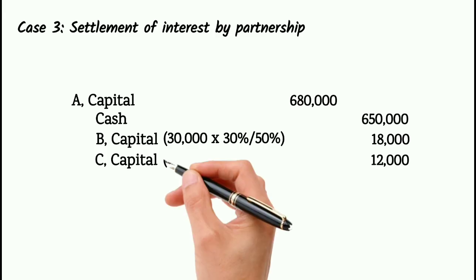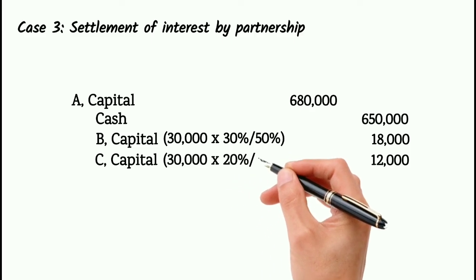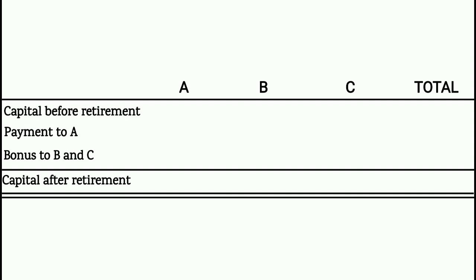So for B, 30,000 pesos times 30% over 50%. That is equal to 18,000 pesos. And for C, 30,000 pesos times 20% over 50%. That is equal to 12,000 pesos. Next, i-compute naman natin yung capital balances ng partners after retirement.